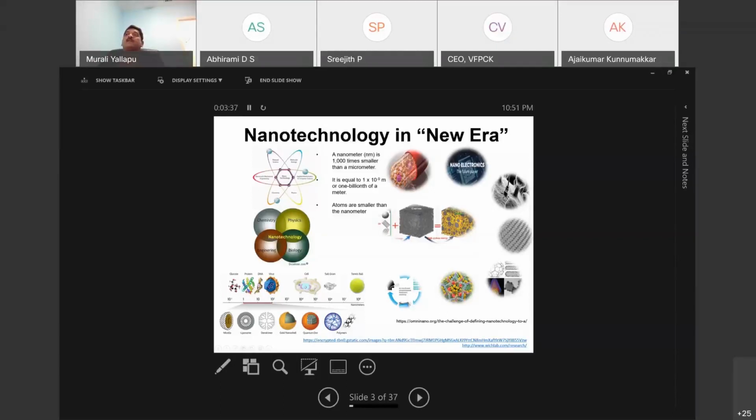You can see the increase in dimension in the size range of 1 nanometer, 10 nanometer, 100 nanometer, and you keep going. You can see the cell size is a couple of microns, from 5 micron to maybe 20 micron depending on the cell type. So various nanomaterials lie from 1 nanometer to 100 nanometer.